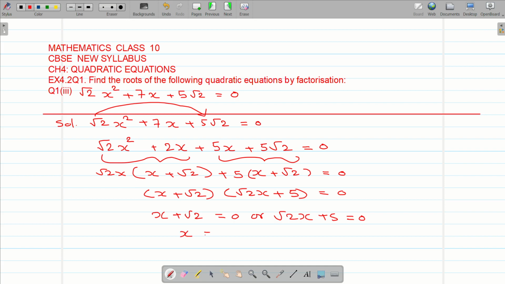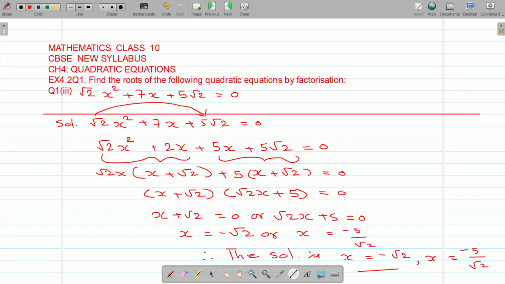So x = -√2 or x = -5/√2. Therefore, the solution is x = -√2, x = -5/√2. In a quadratic equation, there are going to be two solutions, not just one.